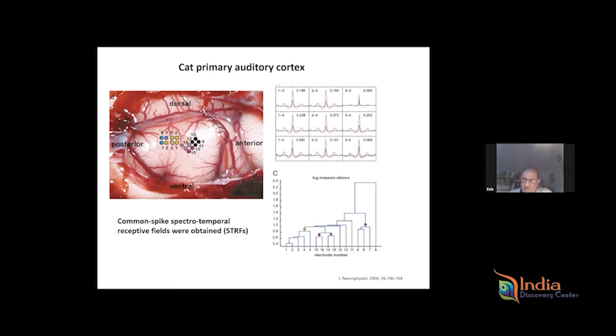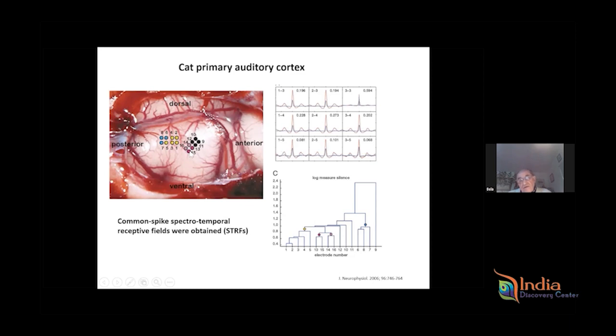If they push down to the cerebral cortex, probably the electrode reaches the second and the fourth layer of the cerebral cortex. And here also they made some noise to the cat, and they recorded what was happening.